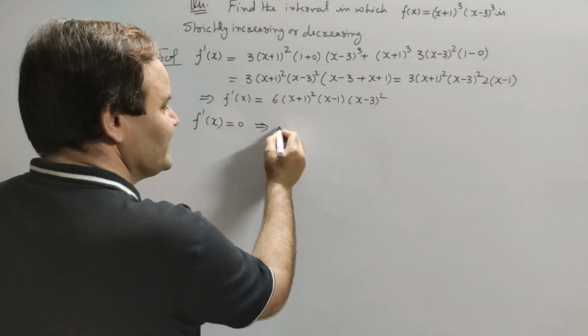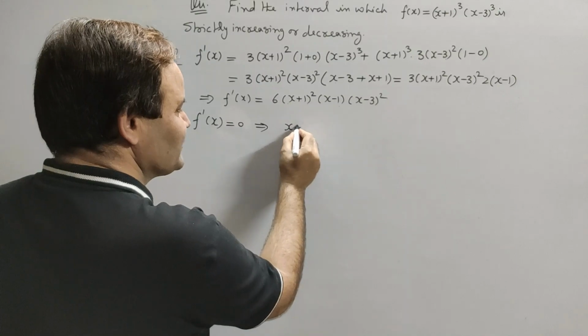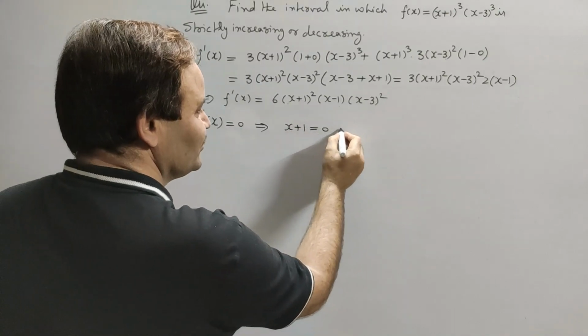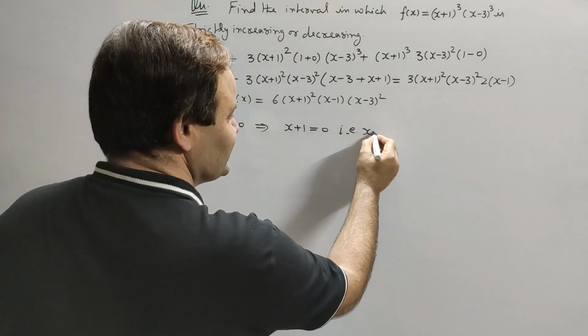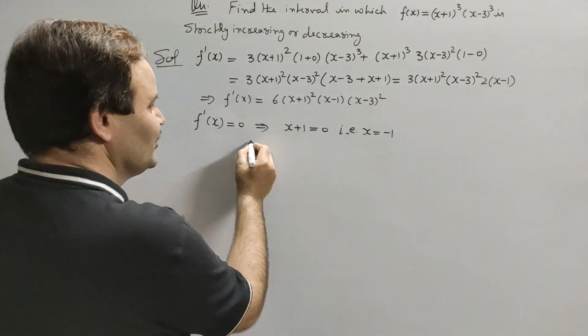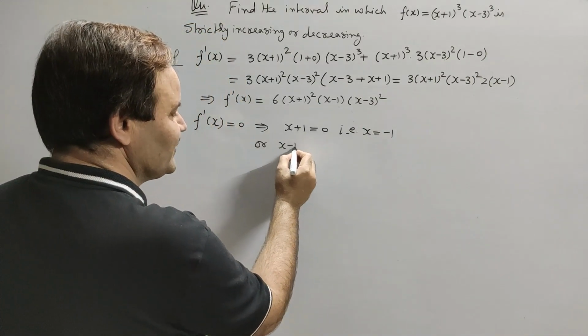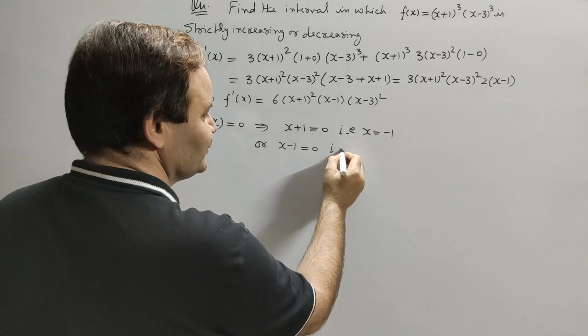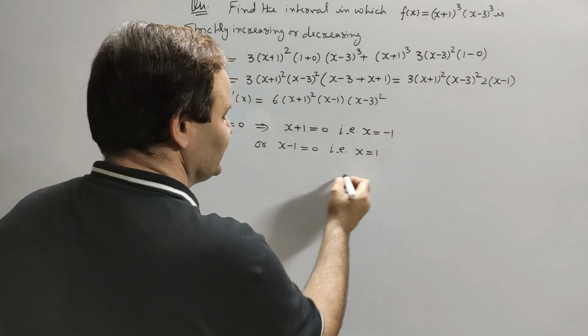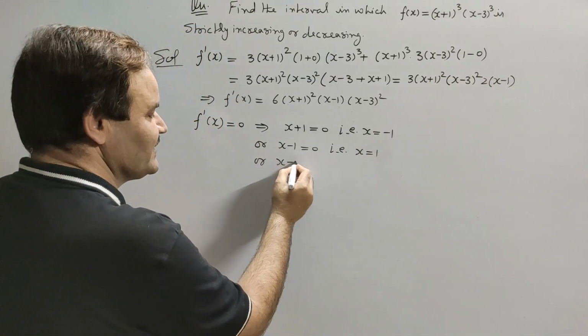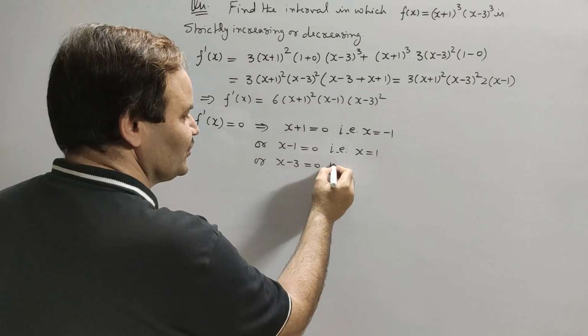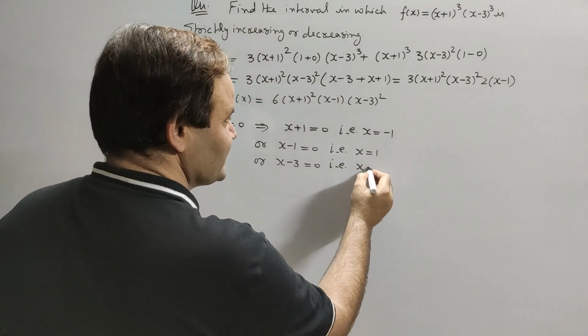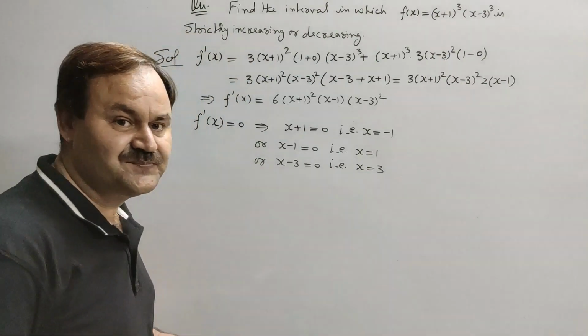This implies either x plus 1 is 0, that is x is equal to minus 1, or x minus 1 is 0, that is x is equal to 1, or x minus 3 is 0, that is x is equal to 3.